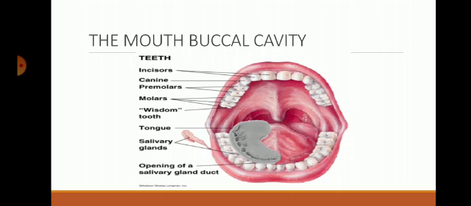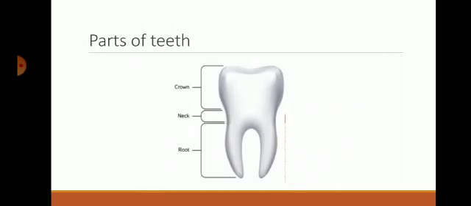Then we go to milk teeth and permanent teeth. You already studied this in previous classes. In human beings, teeth grow twice. The set of teeth that grow during infancy, when one is a small baby, are called milk teeth. These are also called temporary teeth. These teeth get loosened and fall off at the age of 6 to 8 years.